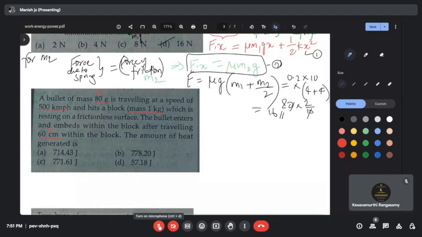I want all of you to write down the given data, and then you tell me how you can approach this question. On what basis can we solve it?